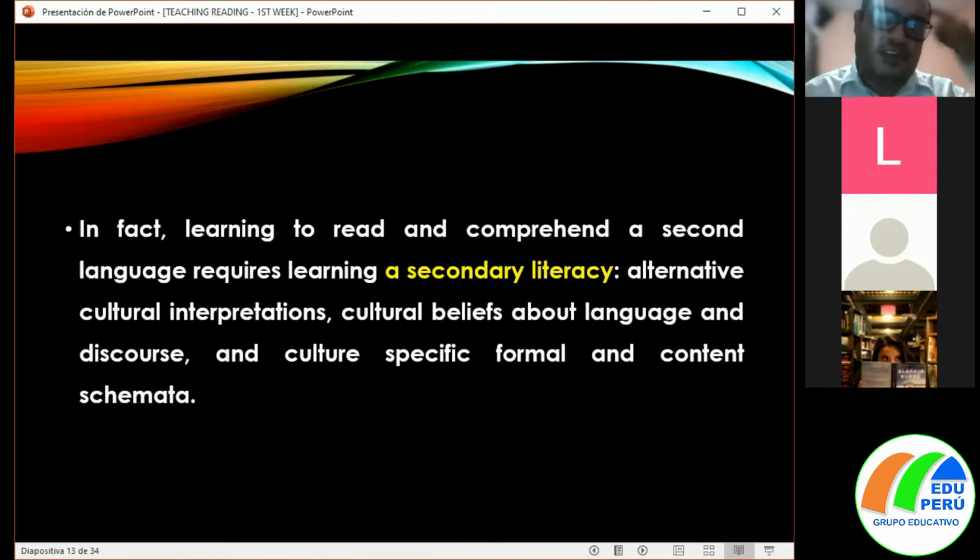I give you an example. If we read a medicine book, could you understand it easily? Maybe you are a master of English. You got a C1 or C2 exam, advanced level of English, and you are asked to read a medicine book. Could you understand it easily?